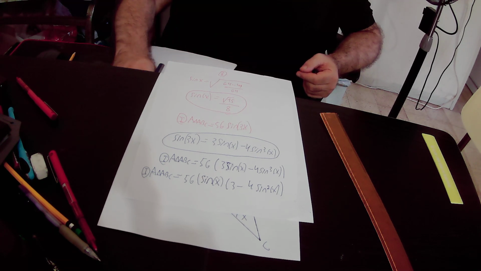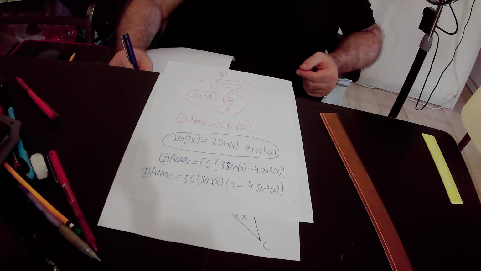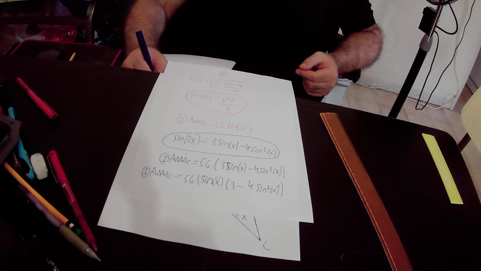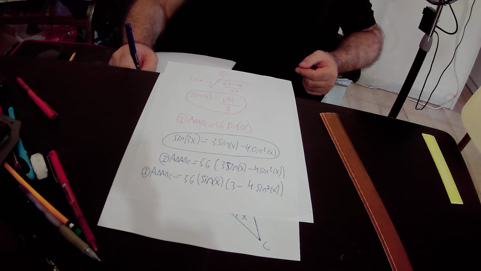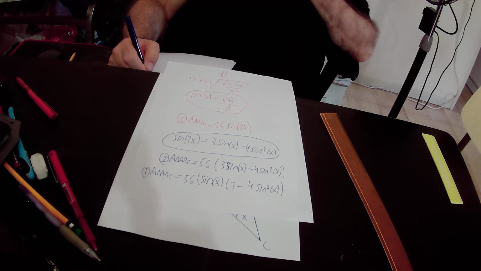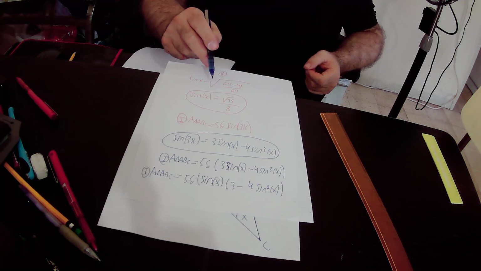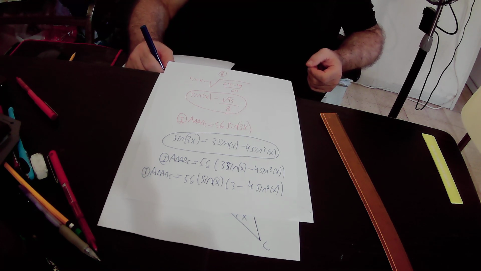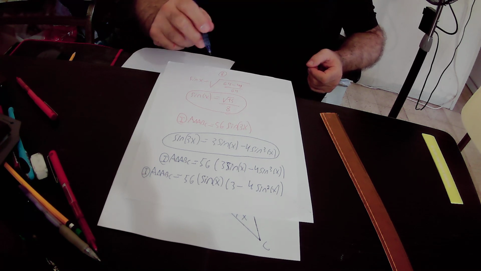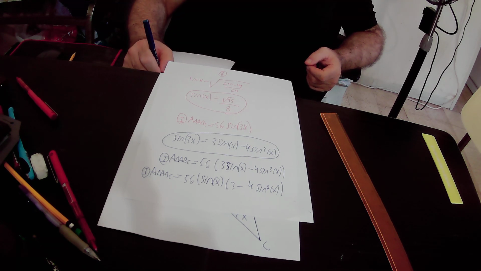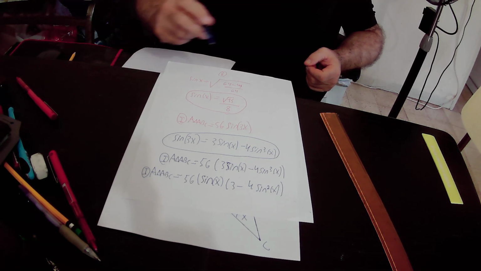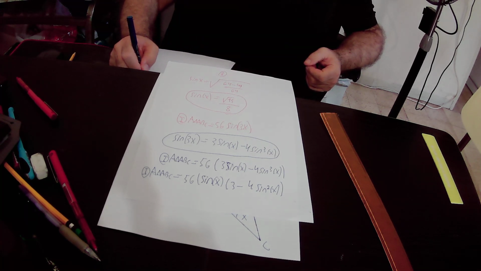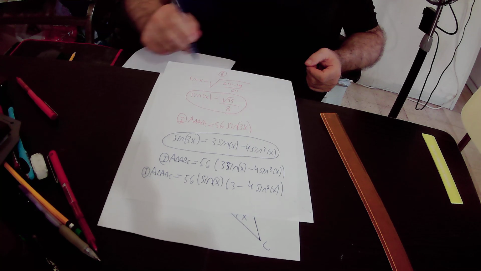We know that sine x equals root 15 over 8. We will square this equality in order to find the value of sine squared x. After we square it, sine squared x equals root 15 times root 15, which is 15, over 8 squared, which is 64.